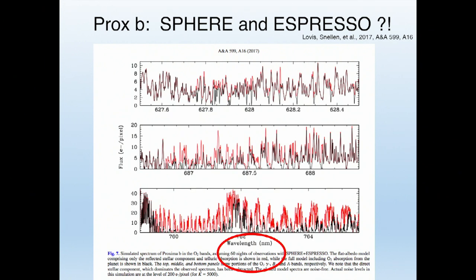So people now with the VLT are seriously thinking of combining high spatial resolution and high spectral resolution instruments. Again, the simulations in this case go on the O2 B band, and this is something like 60 nights with the VLT, probably something that you may want to expect.